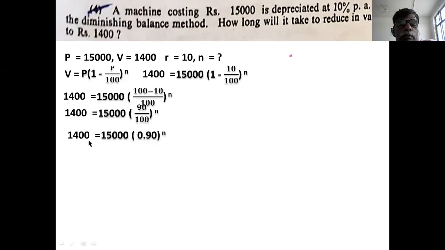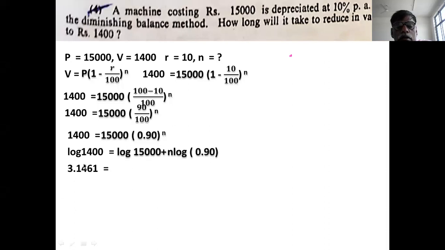In this step, you apply the log. Log 1,400 is equal to log 15,000 plus n log 0.90. If you see the logarithm table, 1,400 characteristic is 3 and its log is 1461.